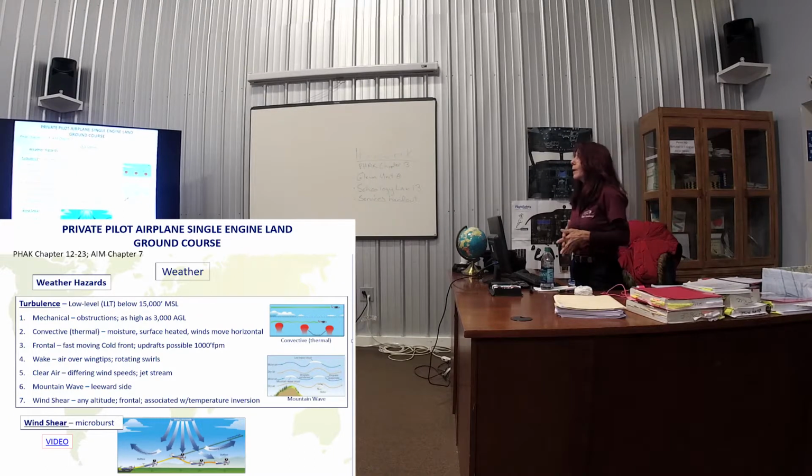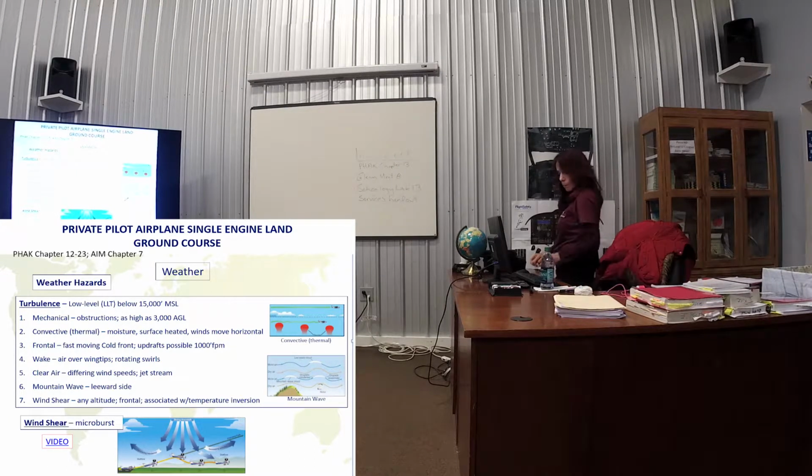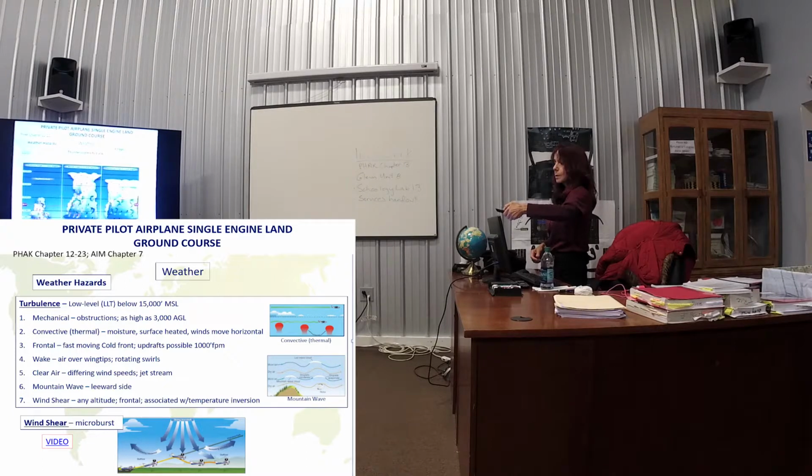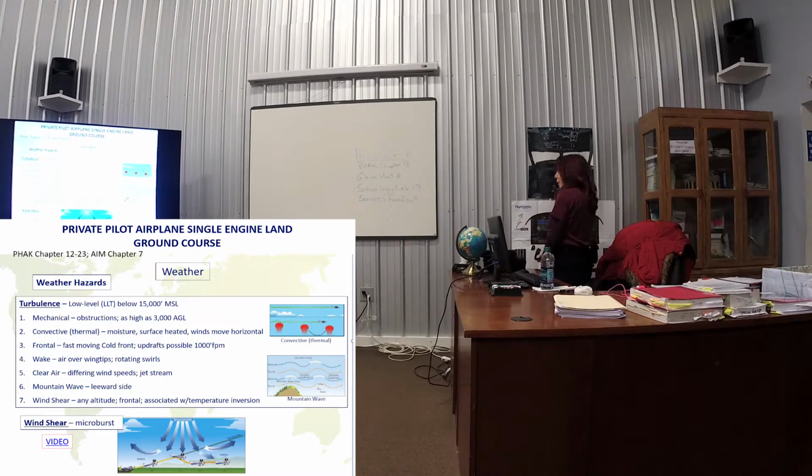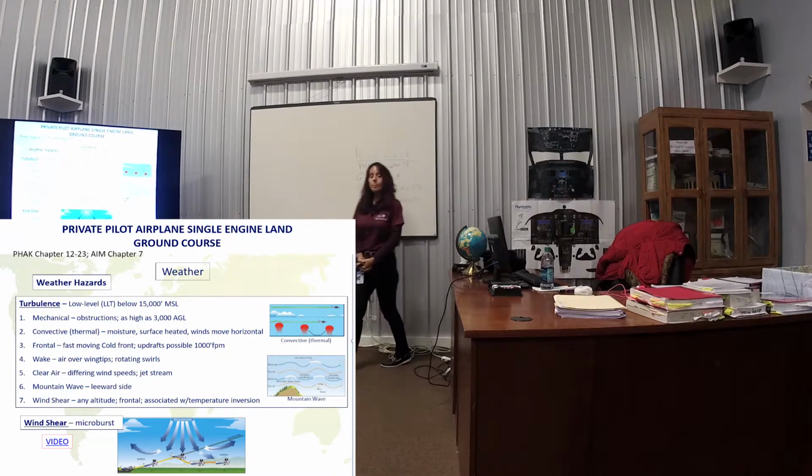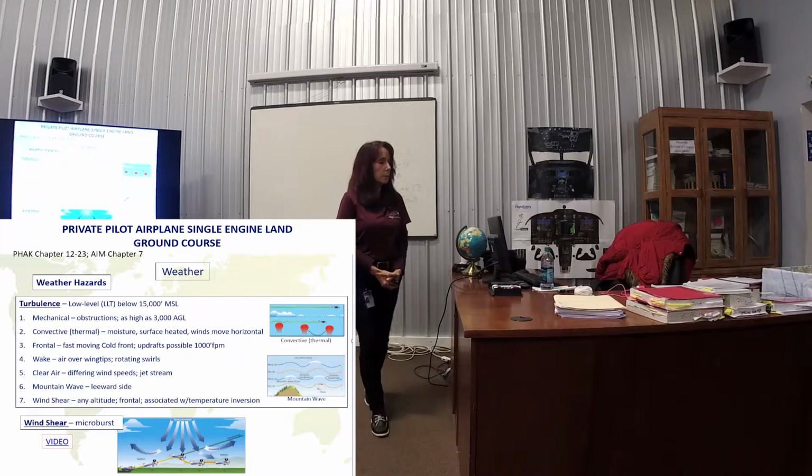Okay, so weather hazards. And thunderstorms, by the way, also is labeled as weather hazards. So we actually started weather hazards yesterday. Additional weather hazards. To me, most of these are kind of no-brainers.